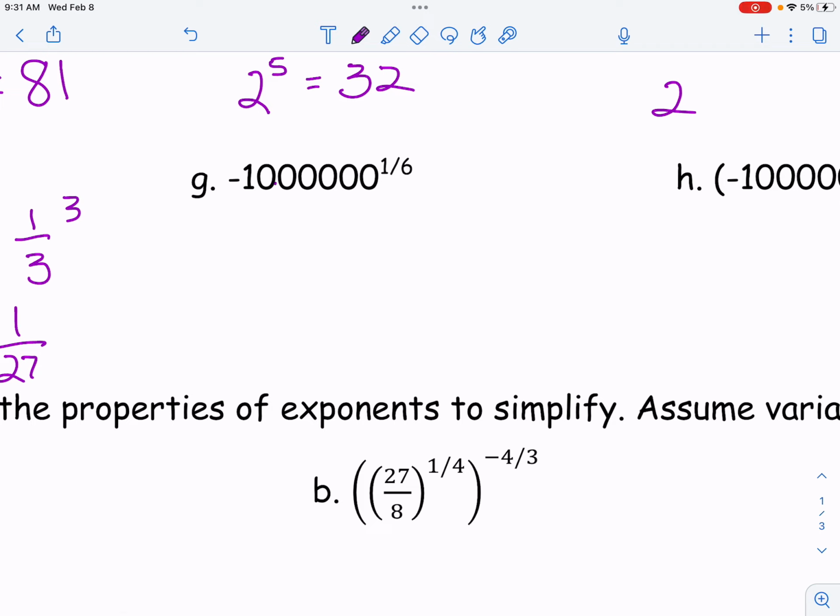Anytime you have a power of 10, you count the number of zeros. There are 6 zeros: 1, 2, 3, 4, 5, 6, and then you pick up the negative. The 6th root of anything with 6 zeros is 10. This would be negative 10.